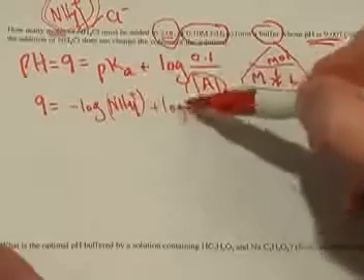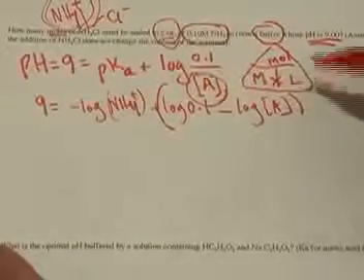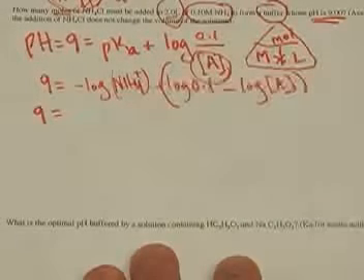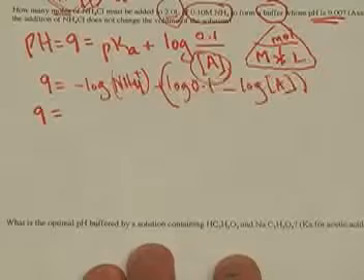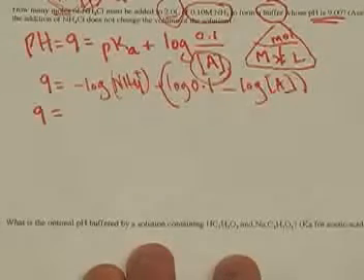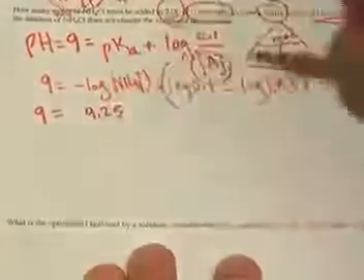Plus the log of 0.1, I'm going to put this in parentheses, minus the log of the thing that I'm looking for. I'll put that as A in brackets right here. 9 is equal to the negative logarithm of the NH4 plus's Ka, which turns out to be 9.25.